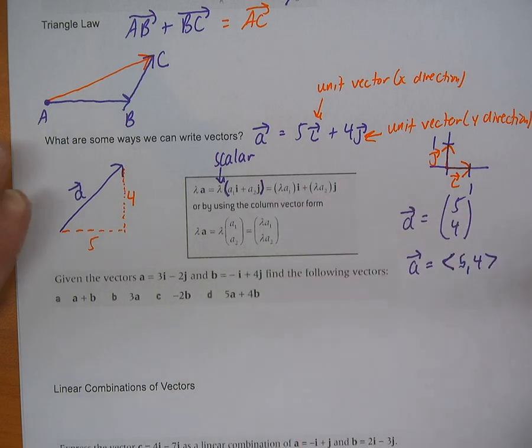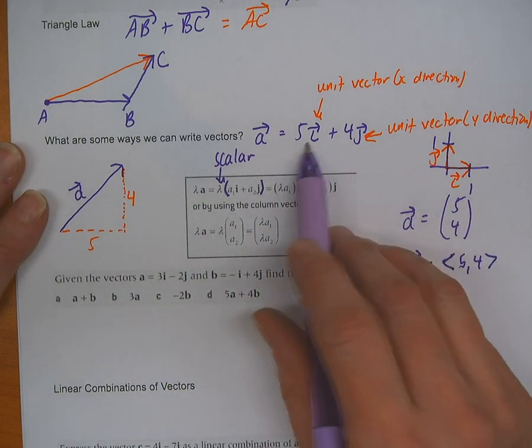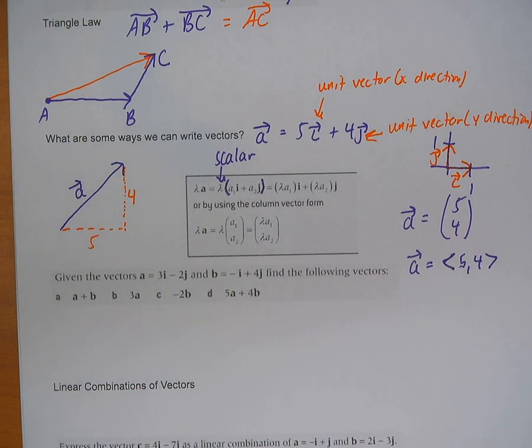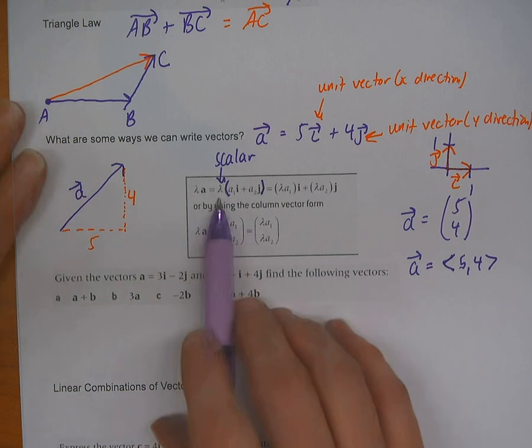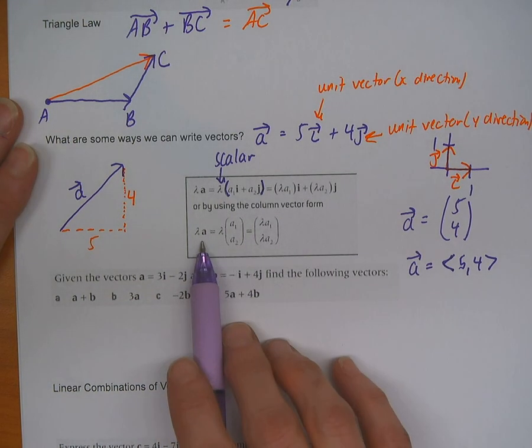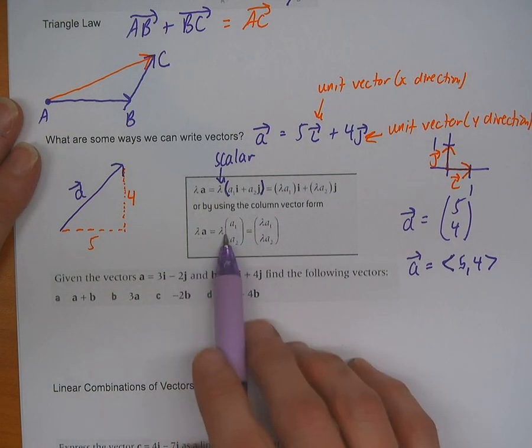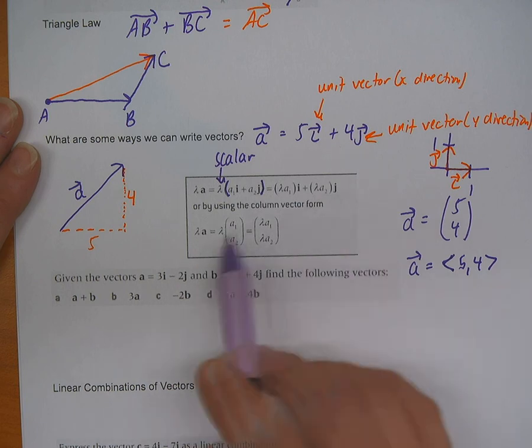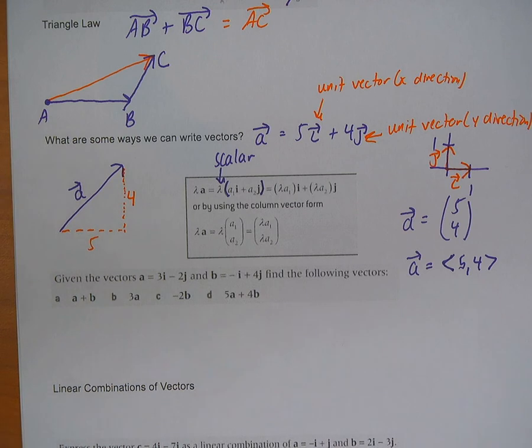So if I did that with this one, 2a would just be 10i plus 8j. So that's what that is illustrating there. Written in column vector form, you would just multiply the 2 times each component. Again, you'd have a 10 and an 8 if the lambda was 2.